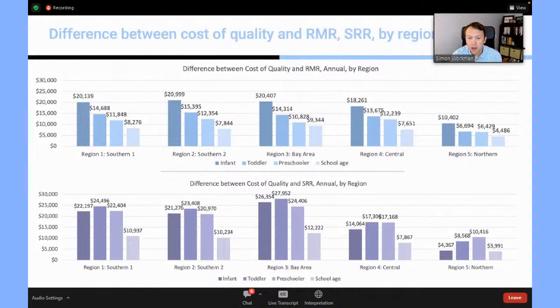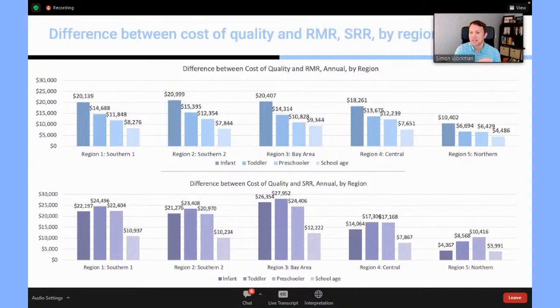The purple at the bottom shows you this for the Title V rates, which there is less of that differentiation by age, but it gives you a sense of the gap, essentially, right? When we talk about the cost, if the state were to move to paying on cost of quality, this is the sort of gap that exists right now between the RMR, the Title V rates, and the estimated cost of quality based on these specific scenarios, right?